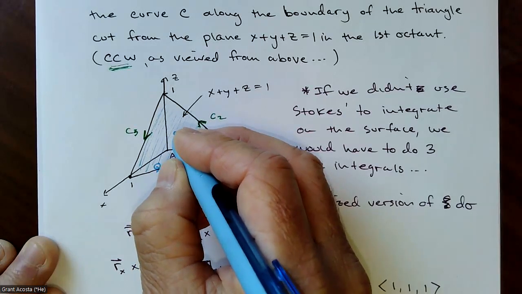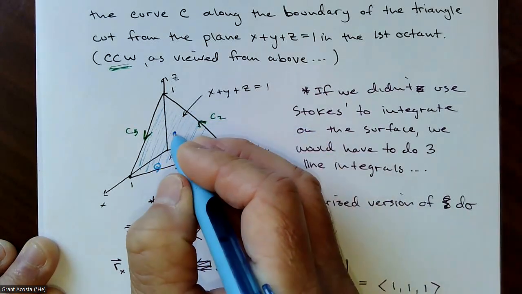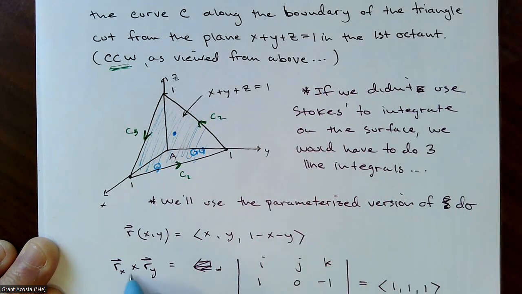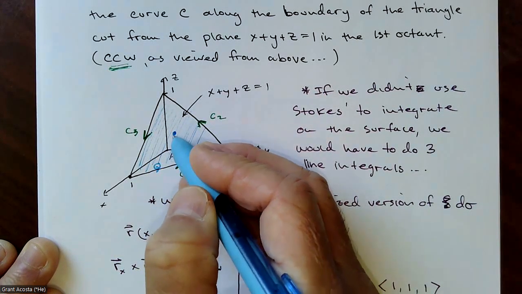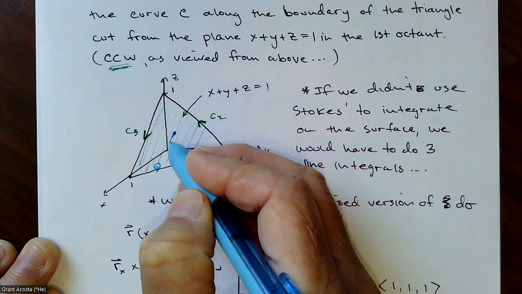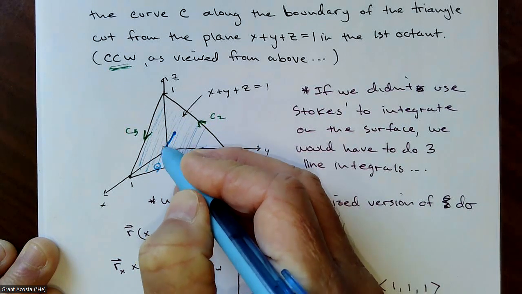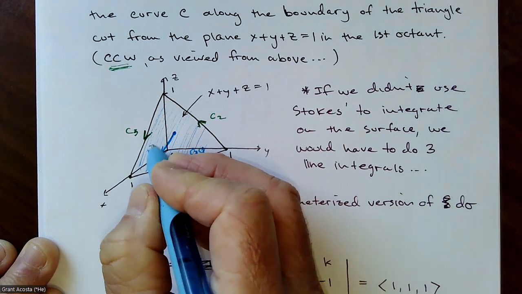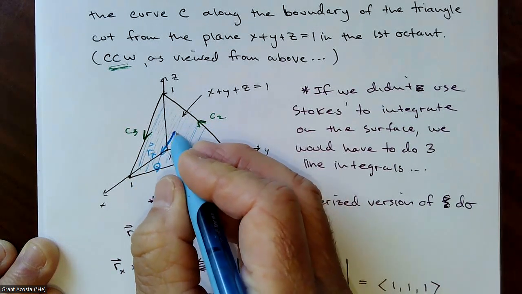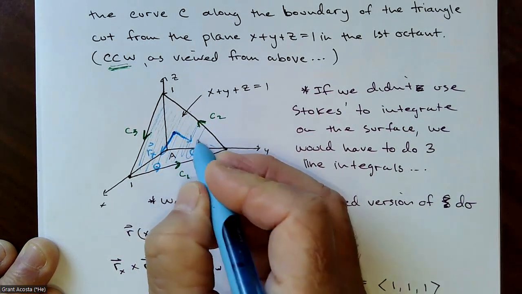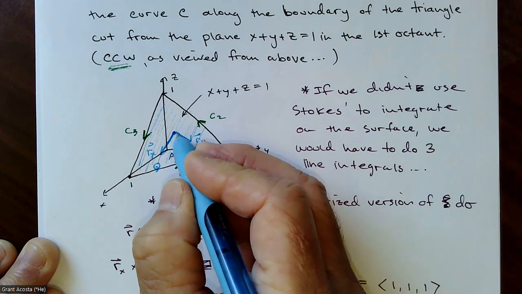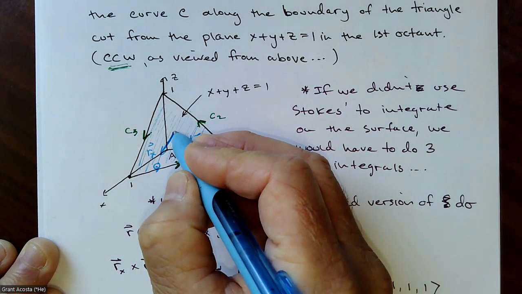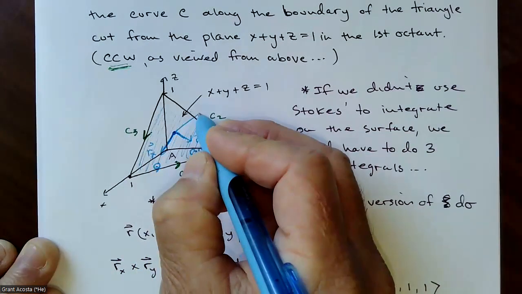So go back to this idea that if you're at a point here, what does r sub x mean? If you were at this point, you're going to change your x value, and you're on the surface, you'd be moving kind of this way, right, along the x-axis. So there's r sub x. R sub y would be going in the y direction on the surface, something like this. So which order would you do a cross product to produce a vector that's going outward like this?